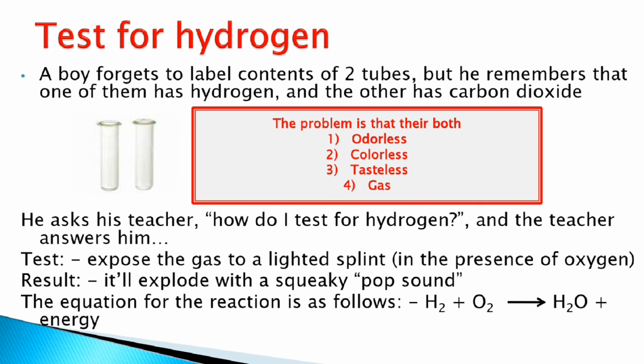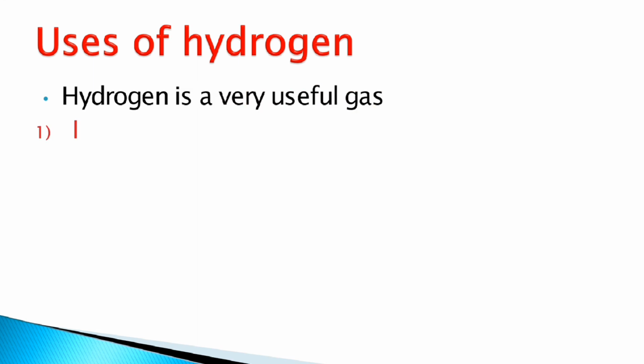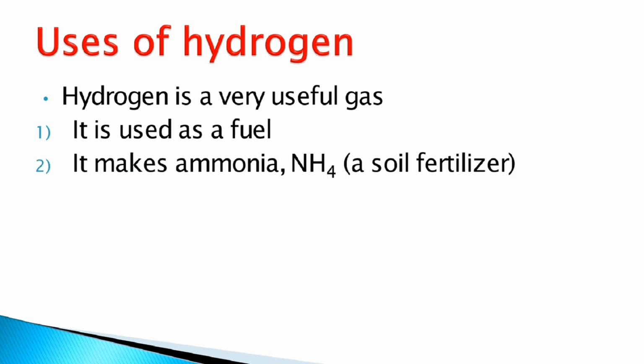Now, what are the uses of hydrogen? Firstly, hydrogen is explosive, so if you are going to learn the uses of hydrogen, it is a very useful gas. It is used as a fuel. It makes ammonia, NH3, a soil fertilizer, which is used in our farming.